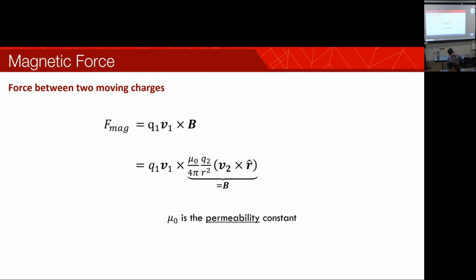Okay, so now we know that a moving charge creates a magnetic field. A charge in a magnetic field experiences an electromagnetic force. So let's say we don't have any external magnetic field, but we have two charges. The first charge creates a magnetic field that the second charge is moving through. The second charge also creates a magnetic field.